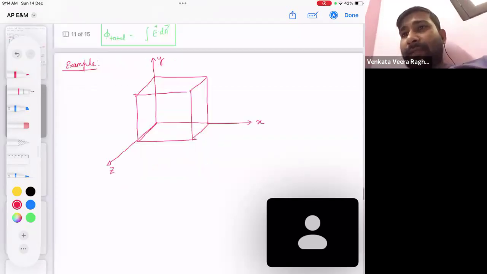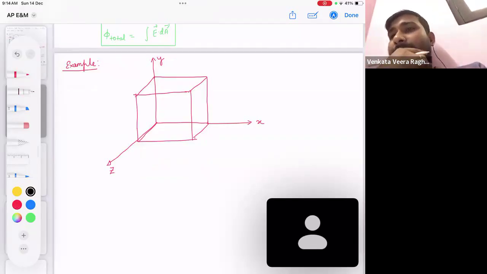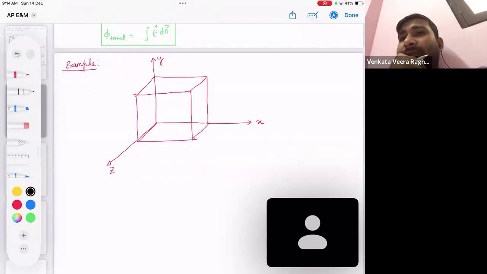So I'm going to ask you a simple question. Tell me, if electric field is uniform, what will be the flux through the cube? If electric field is uniform means constant in magnitude and constant in direction. Then can you tell me what will be the flux through the cube?